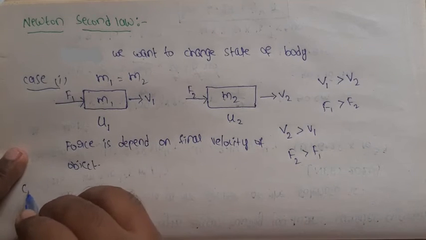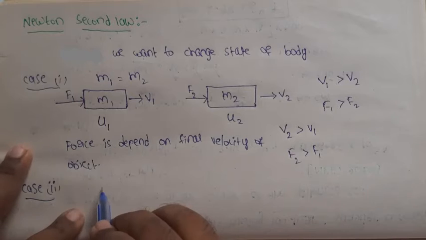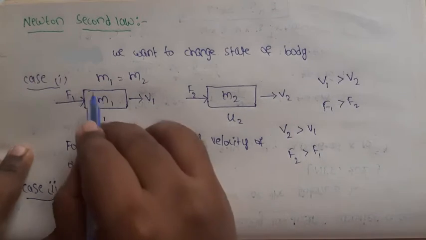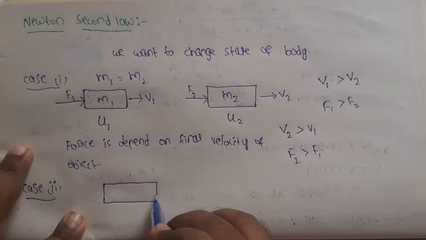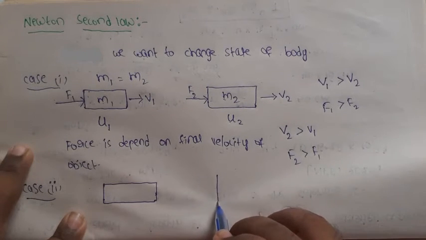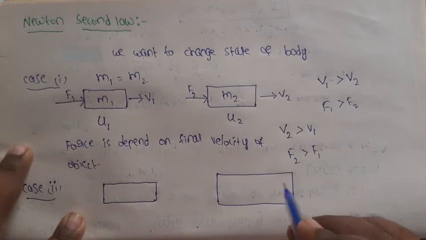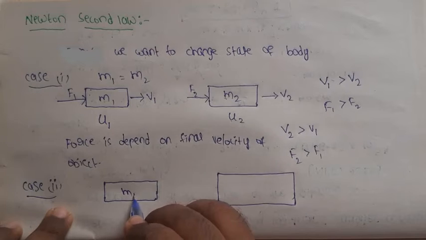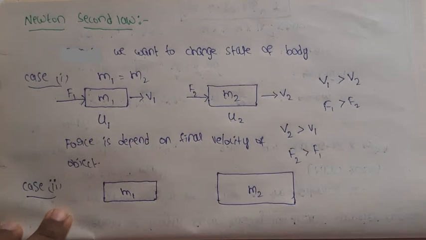Next, I am taking case 2. Here I am taking two objects of different masses. In case 1, both bodies had equal masses. Here both have different masses. So this is m1, the mass of the first body, and this is m2, the mass of the second body.